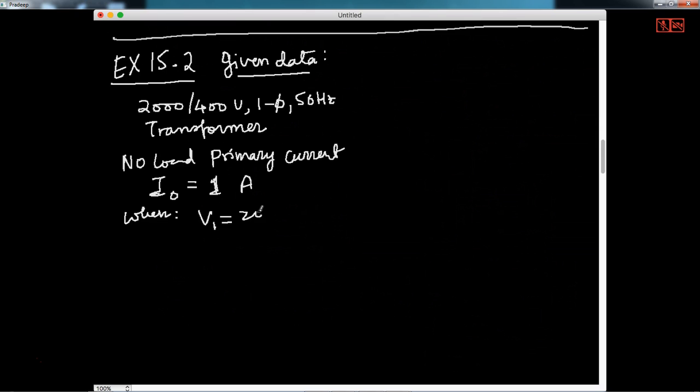We should always note that the rated voltage and supply voltage have to match. Of course, you can apply slightly lesser or slightly higher voltage, but under normal conditions the supply voltage should match the rated voltage. Also, it is noted that P naught is 400 watts. That means 400 watts of power is being consumed.